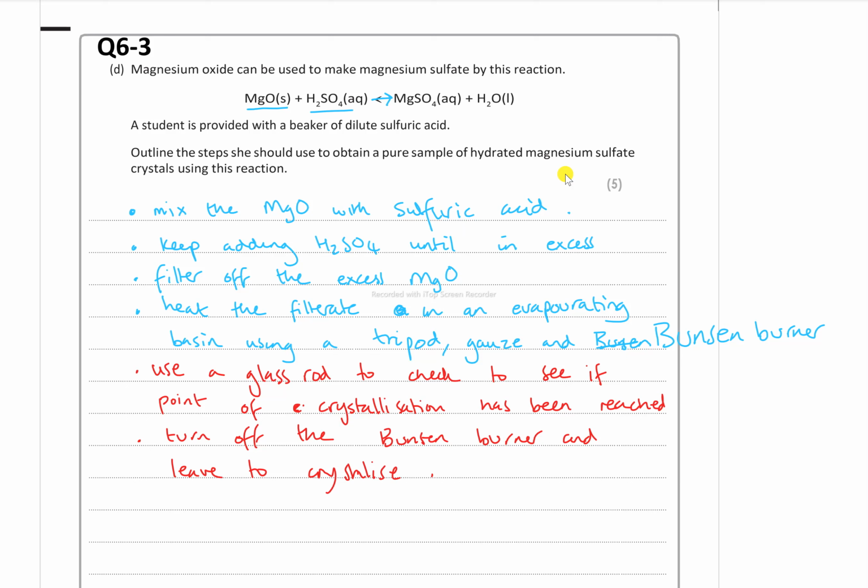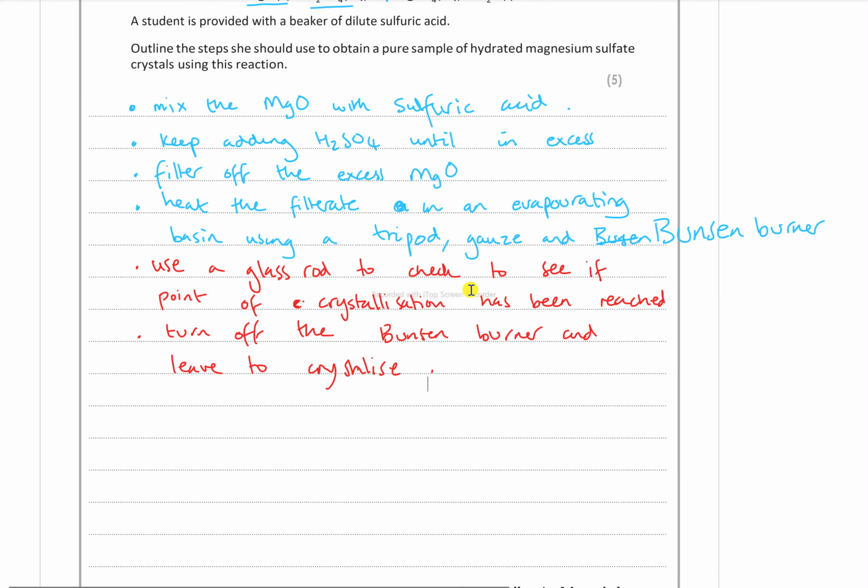Or you can filter off the remaining solution, which is water and magnesium sulfate, and then put it onto a paper towel and tap it to dry, or leave in a warm place to dry. That's it, done.